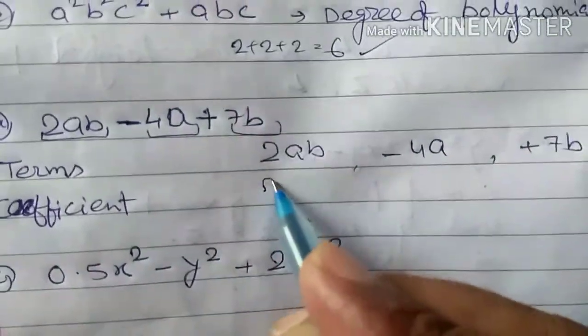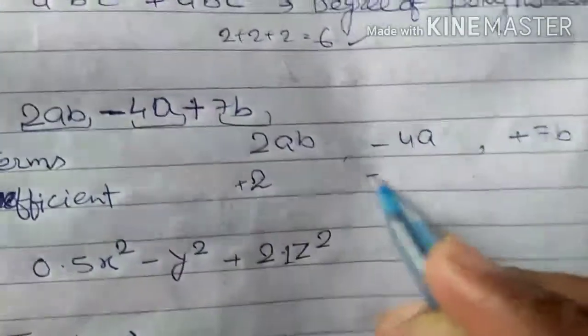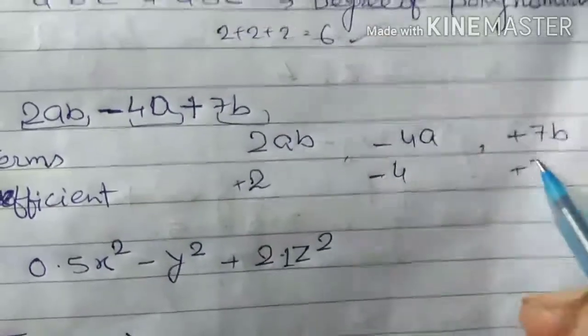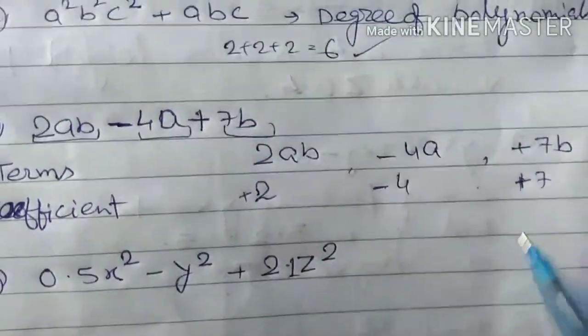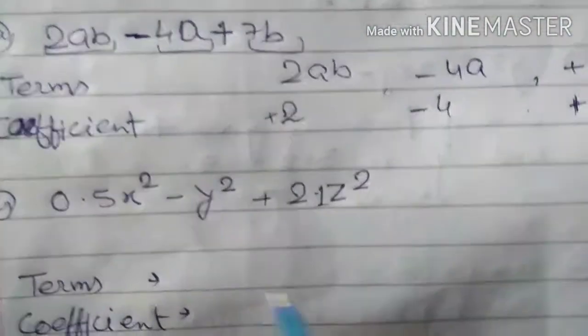So the coefficient is plus 2, the coefficient of this one is minus 4, and the coefficient of this one is plus 7. Look here, there are 1, 2, 3 terms.